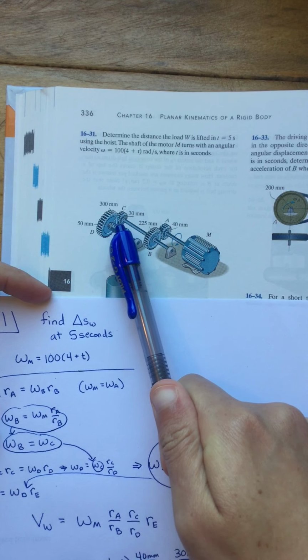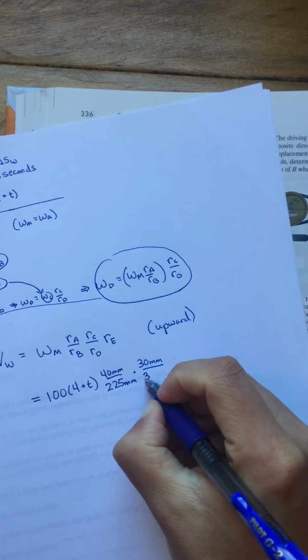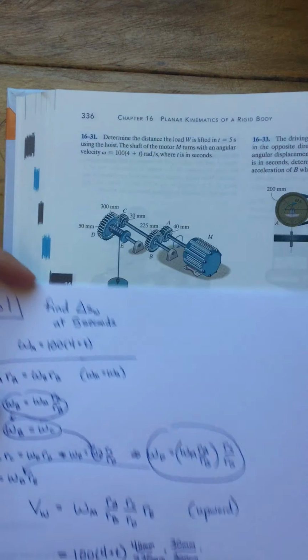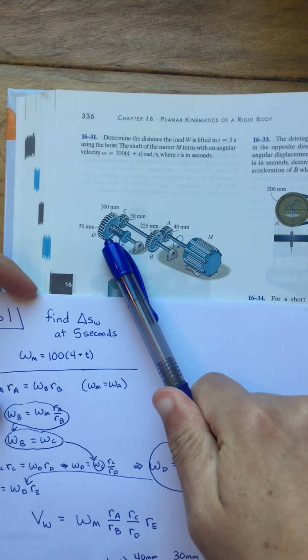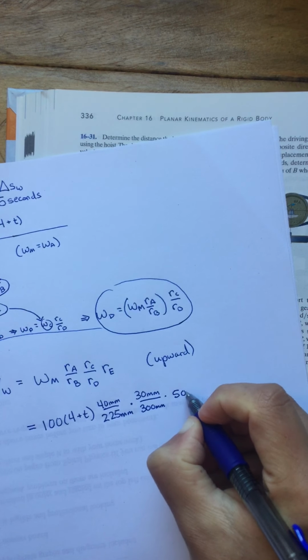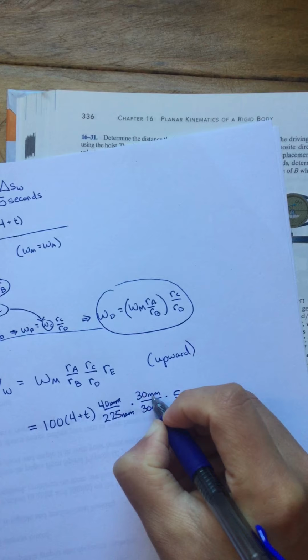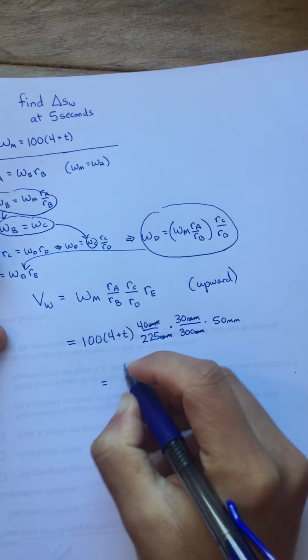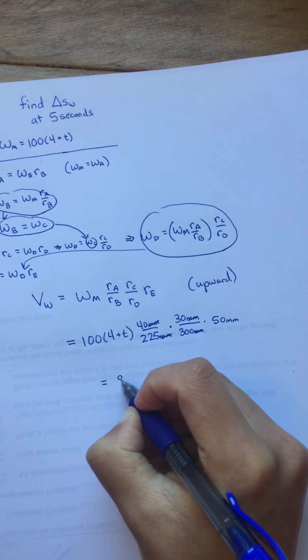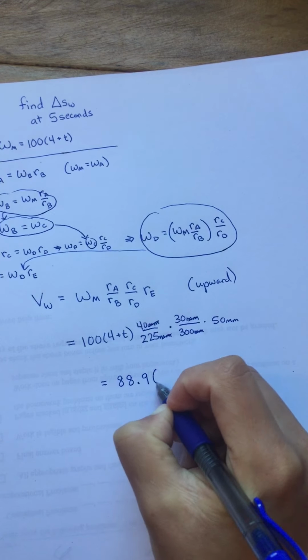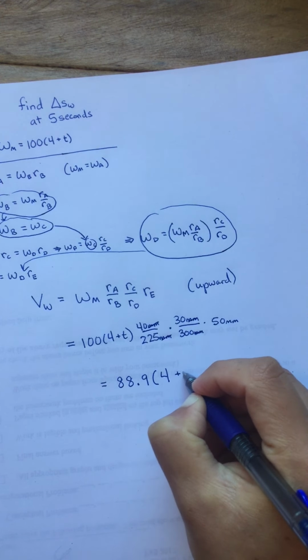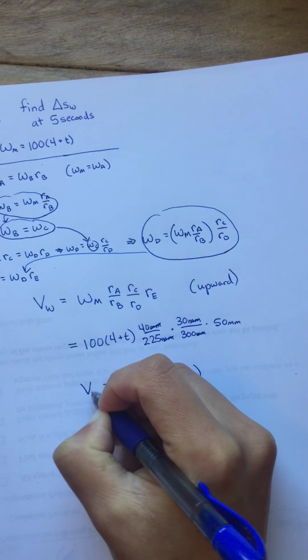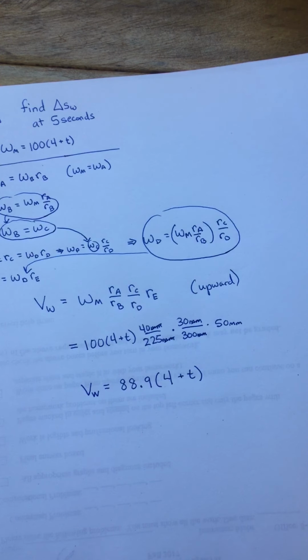RD is equal to 300 millimeters. And RE is equal to 50 millimeters. These cancel with these, cancel with these. And that gives us 88.9(4 + t). This is the velocity of W. I want to find delta S_W at 5 seconds.